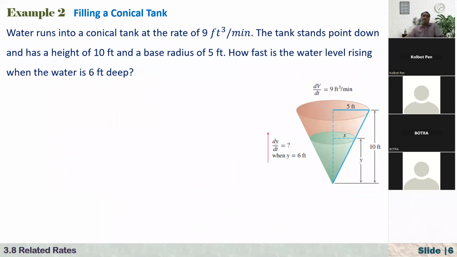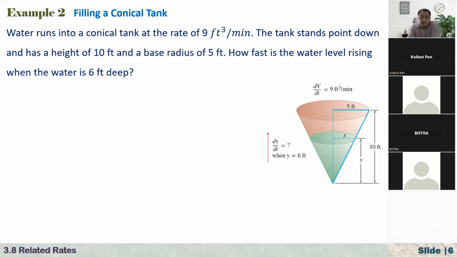Next example, filling a conical tank. Okay, now we are given a conical tank. It says that water runs into a conical tank at the rate of 9 cubic feet per minute. Actually, we know that 1 foot is approximately equal to 33 or 34 centimeters.